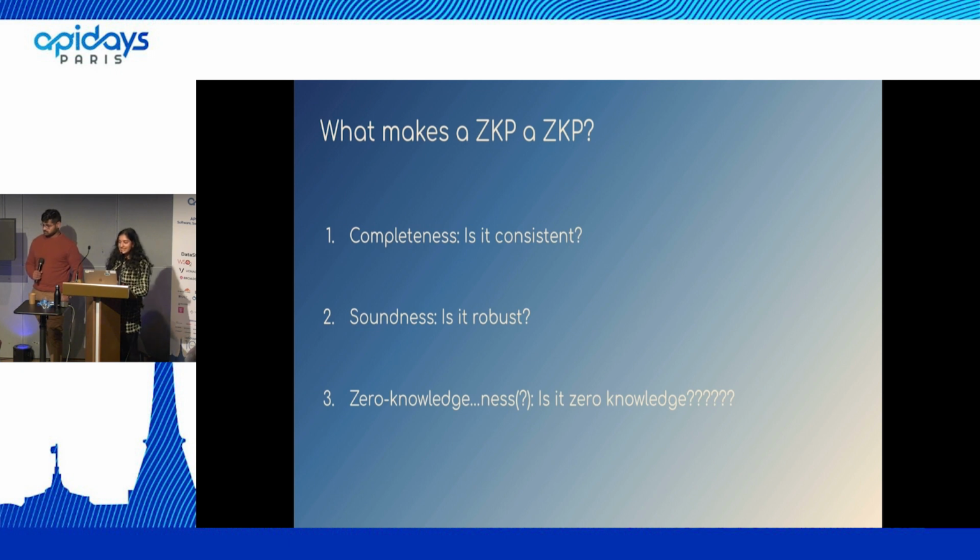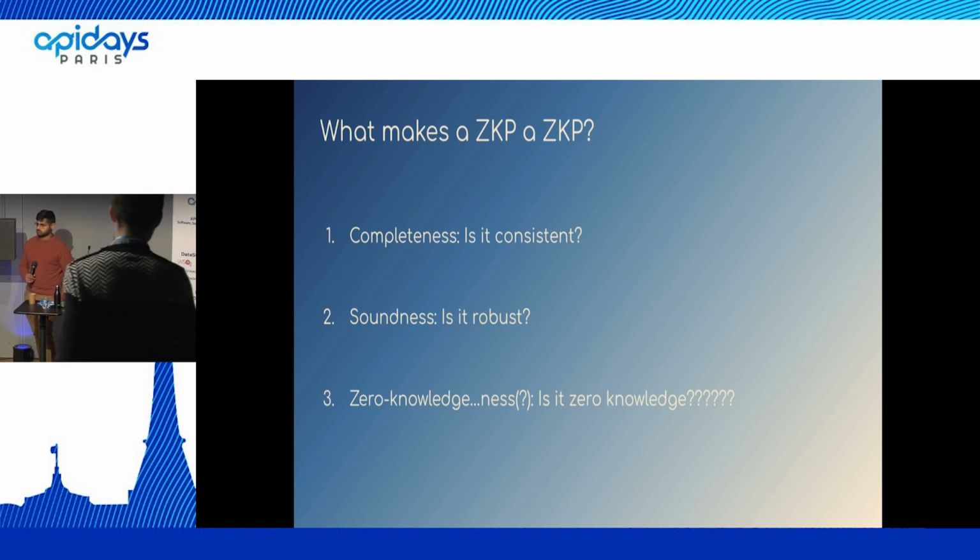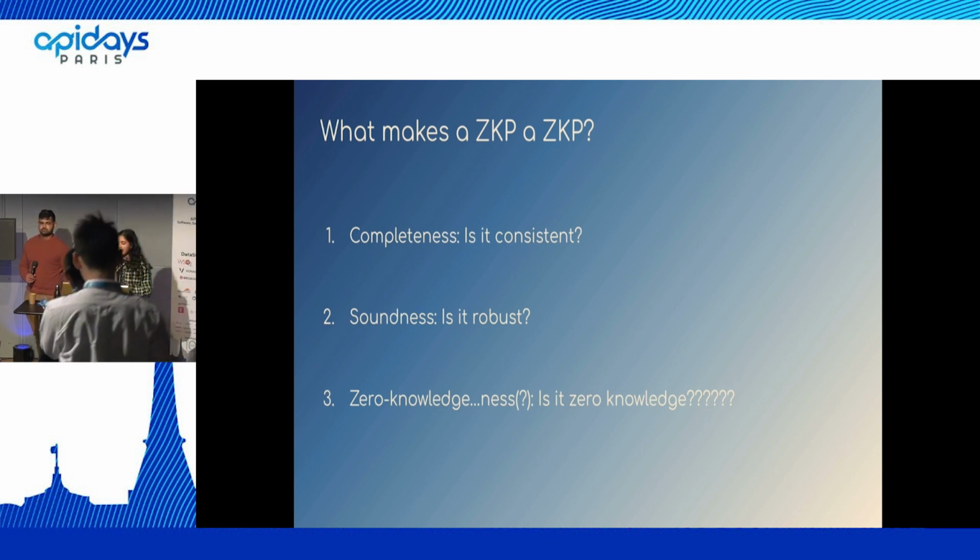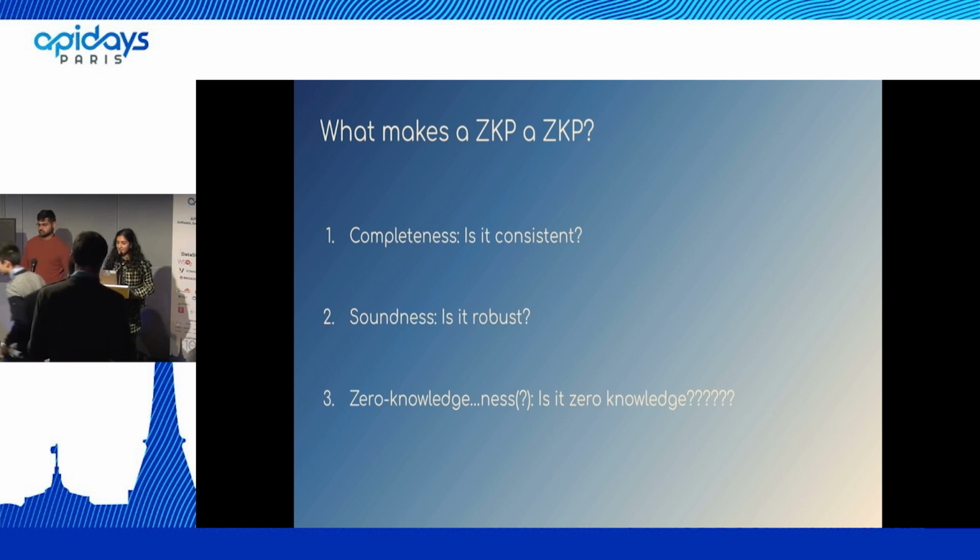So what makes a zero-knowledge proof a zero-knowledge proof? Well, there are 3 aspects to this. There is completeness. Completeness means that a prover with the right information will always convince an honest verifier. Soundness means that the statement cannot be falsified, and the verifier cannot be convinced that the prover has the required input when they actually don't.